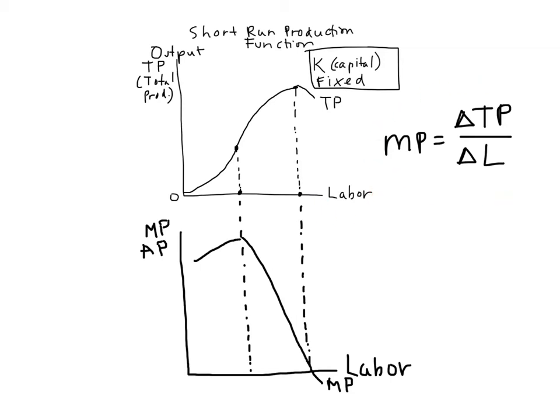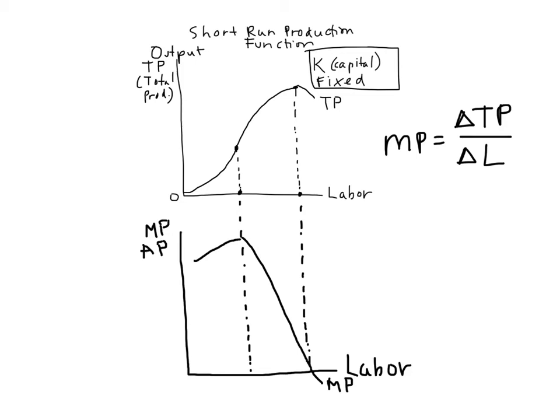So that is simply the slope of this total product curve. So what we're saying down here in the bottom diagram is that the slope is positive and rising, the slope is positive and falling, and finally the slope is actually negative when you go past this second dotted line.